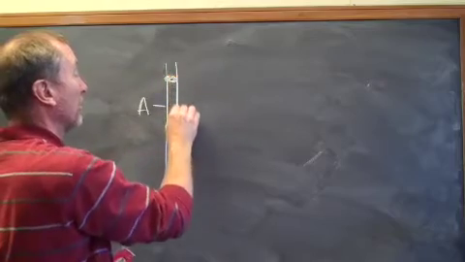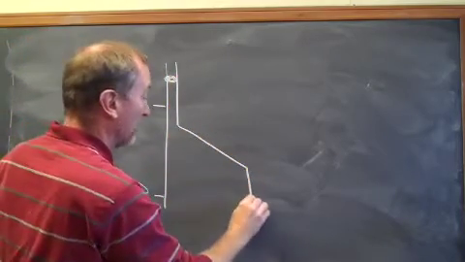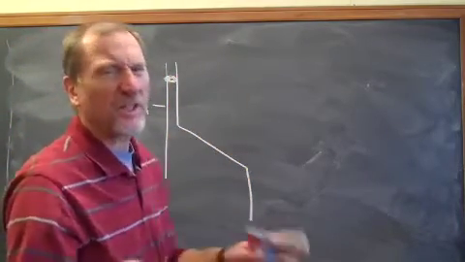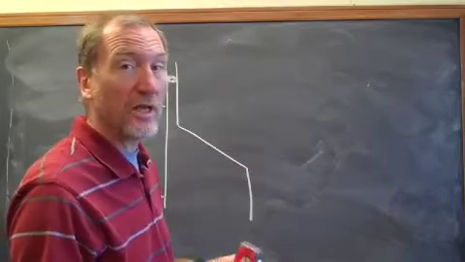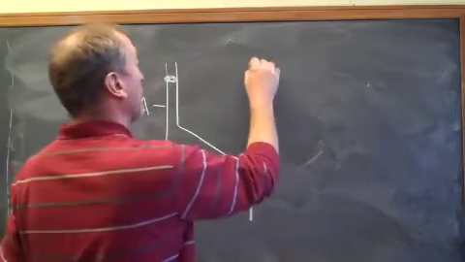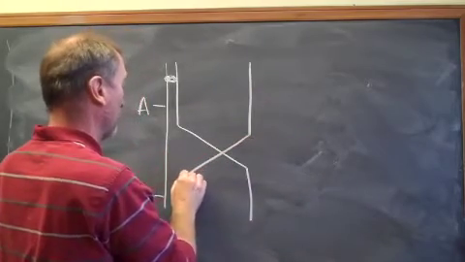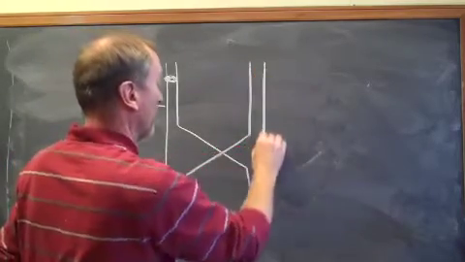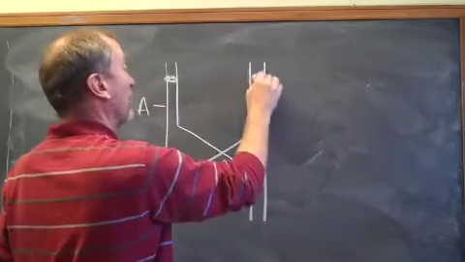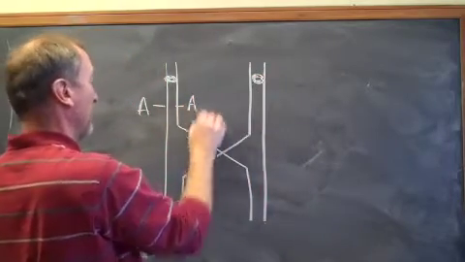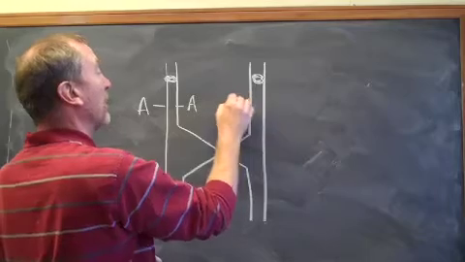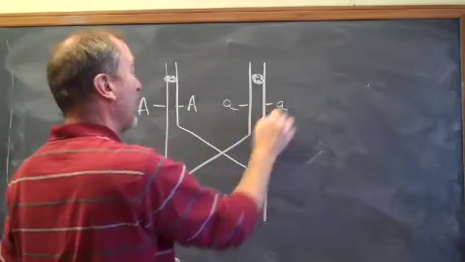Centromere. And then you'll see this in a minute. And now I'm going to do the other homolog. So here we have big A. Here we have little a, little a.